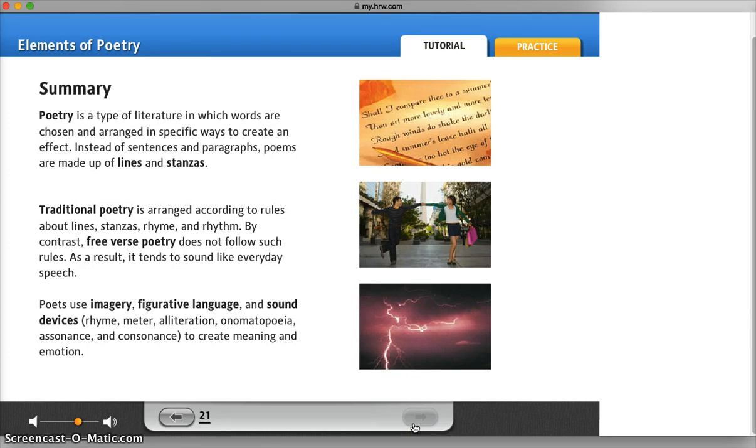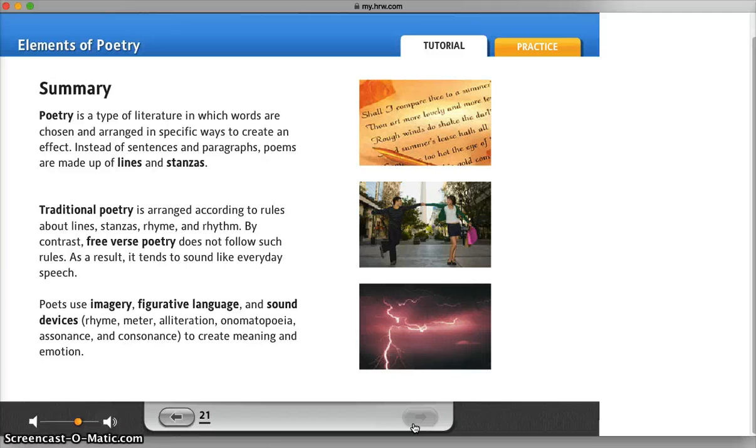So here's a little summary of a few things that we learned. If you remember that poetry is still a type of literature, it's most often fiction, but the big difference is that words are chosen and arranged in specific ways to create an effect. Instead of sentences and paragraphs, poems are made up of lines and stanzas. Basically what you need to know from that summary is that we're not going to be focused on traditional poetry.